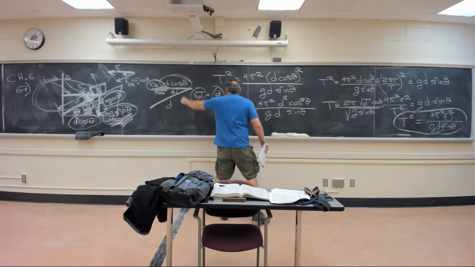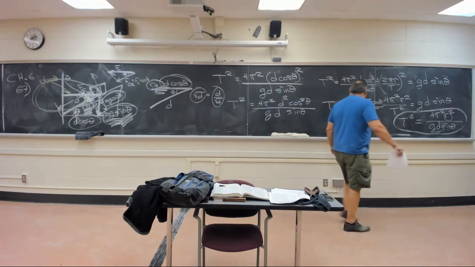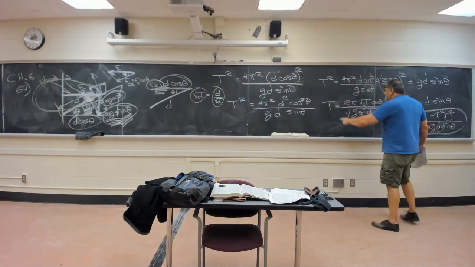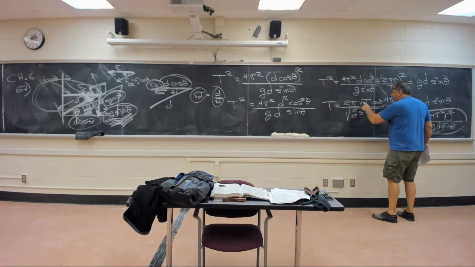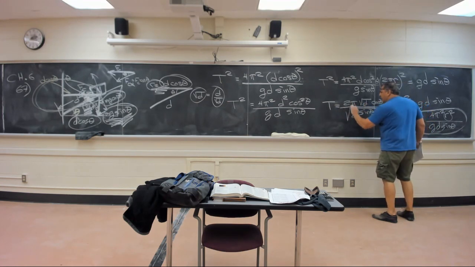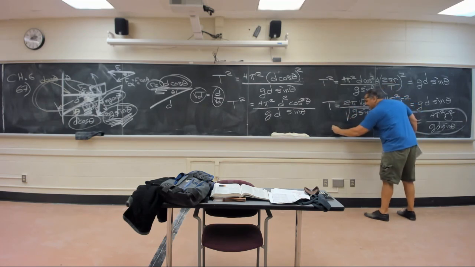I don't know why you'd put it like that. So you can multiply this fraction by square root of d over square root of d, and you end up getting this. That's the way they wrote it.